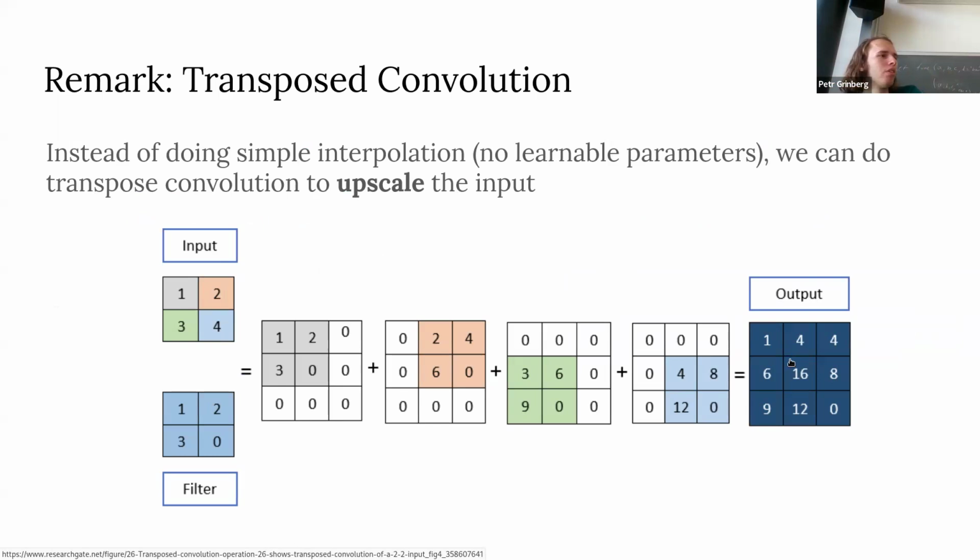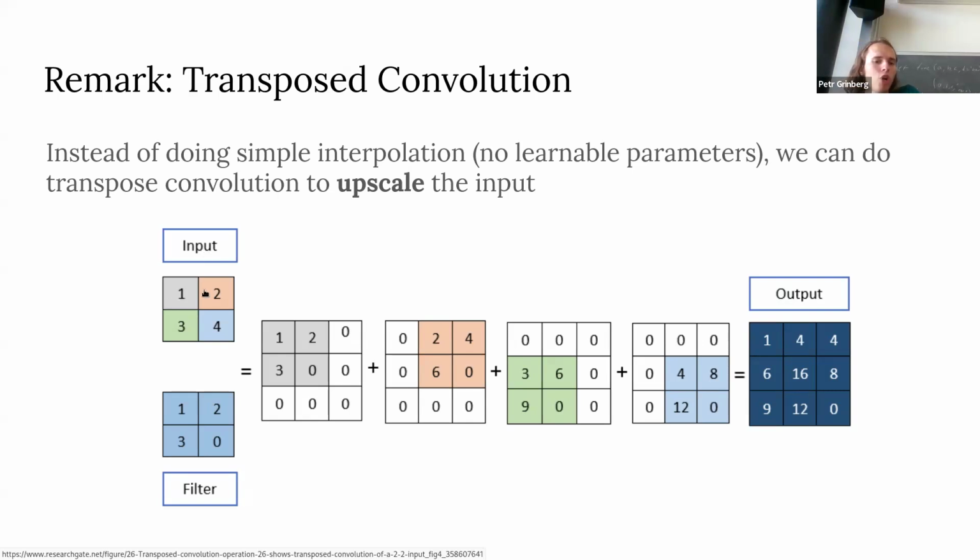We can do a simple interpolation, some stuff from signal processing, but simple interpolation has no parameters, and maybe it's not the best choice to upscale our image. Instead, we want something with trainable weights, which will make upscaling a bit more precise.